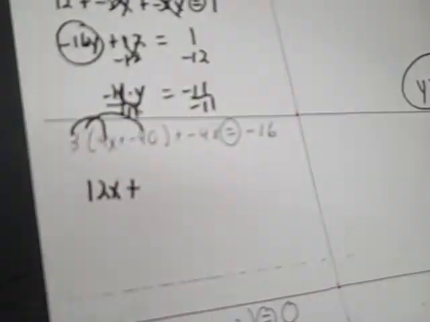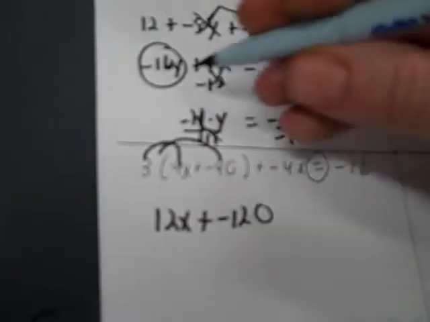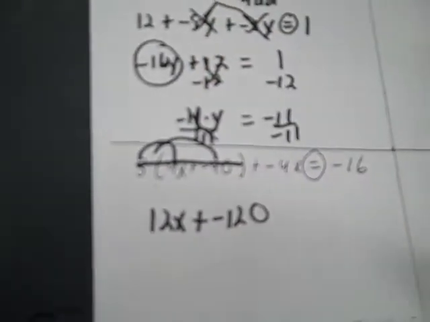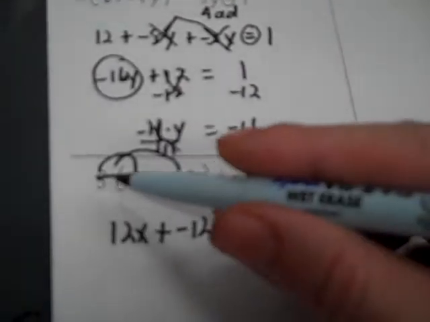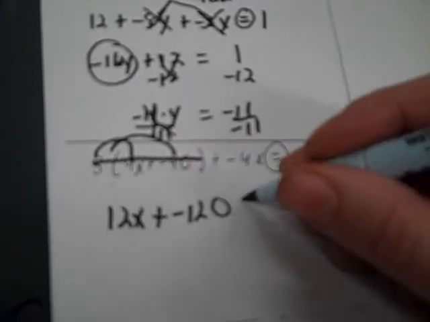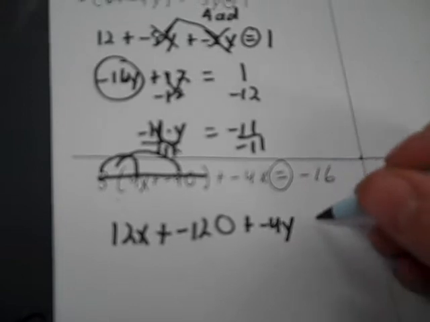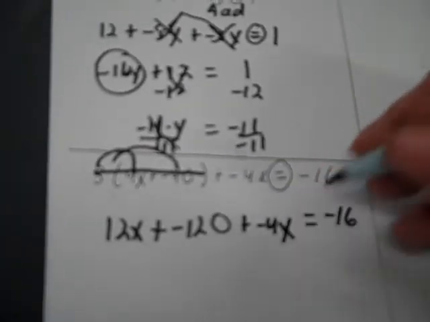That's negative 120. Now cross that out. And then on this side, I cross this out because this turned into this. But there's also a plus negative 4x that equals negative 16. That's an x, sorry.